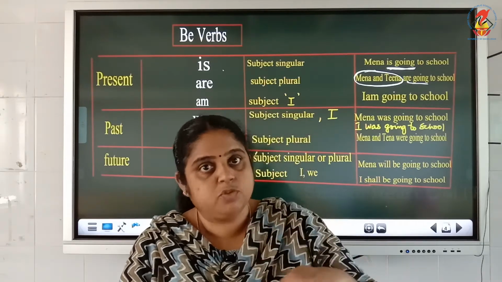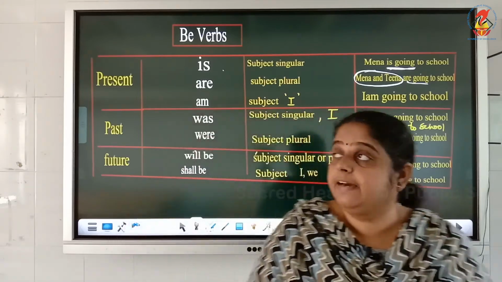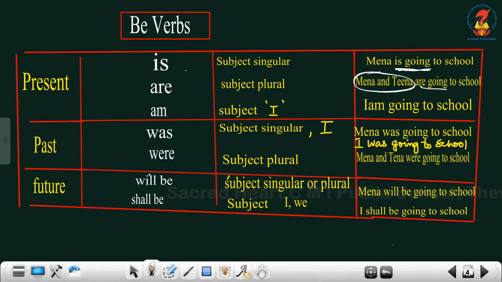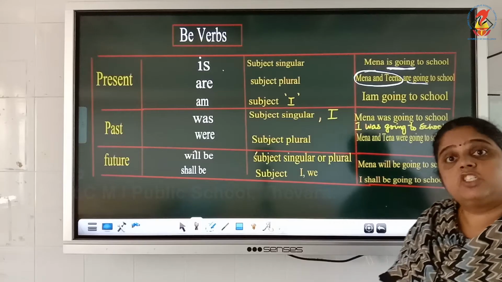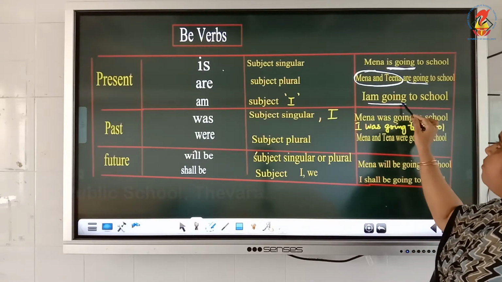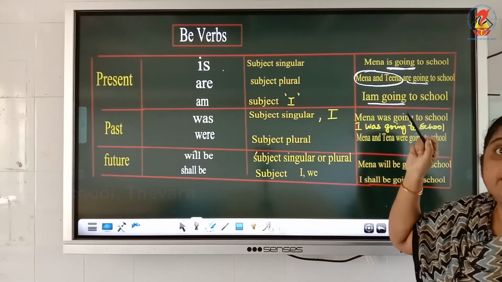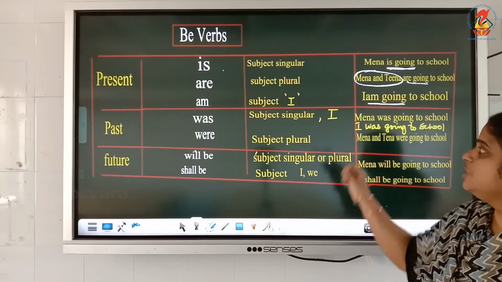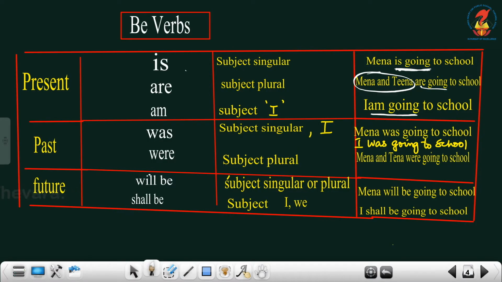We will come to that afterwards. Now see here, there is a special verb for I. We use this am only with I. If the subject is I, we use am going in present tense. This happens only in present tense. So, I am going to school when the subject is I.